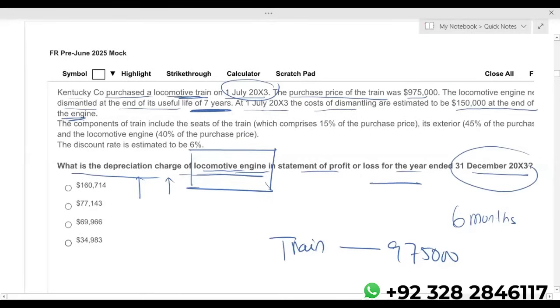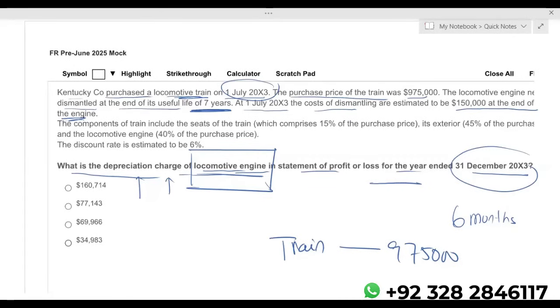Now listen carefully. This 1,50,000 is a dismantling cost which you have to bear at the end of the engine's useful life, and the engine's useful life is 7 years. It means that, number one, I have to calculate the present value of this dismantling cost, and the double entry of the present value is to debit the engine and credit the provision, because the entire 1,50,000 actually relates to that engine.